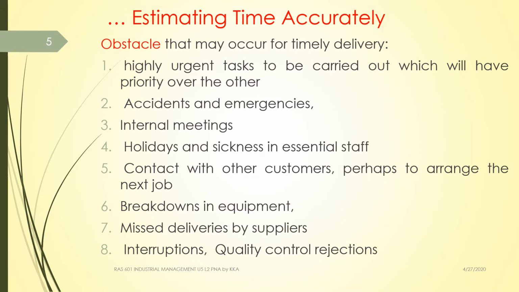Further, there are various types of obstacles that may arise during the timely delivery of the project. Some of them are mentioned here, like accidents and emergencies, internal meetings, holiday and sickness of essential staff, contact with other customers, perhaps to arrange the next job, breakdown in equipment, missed deliveries by suppliers, like a supplier is not able to provide the material, whether due to any problem like non-availability of transportation, and any kind of interruption.